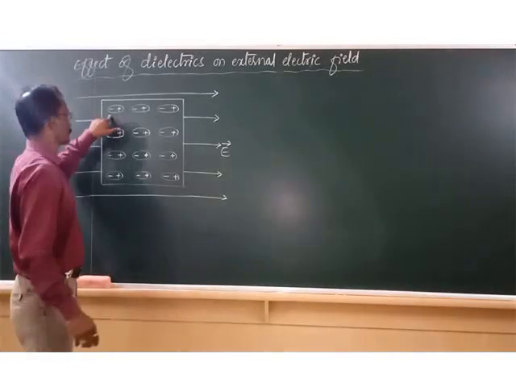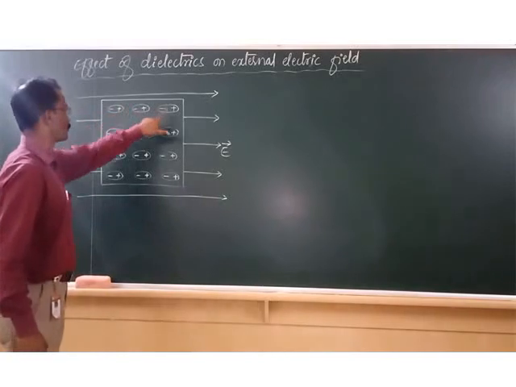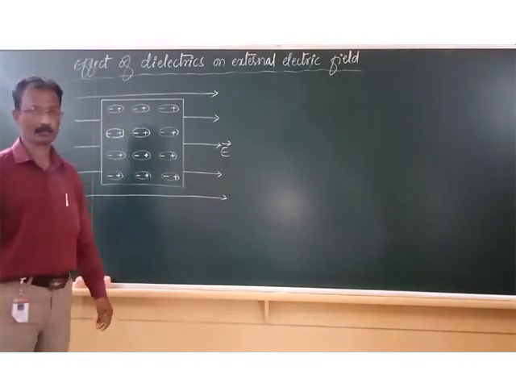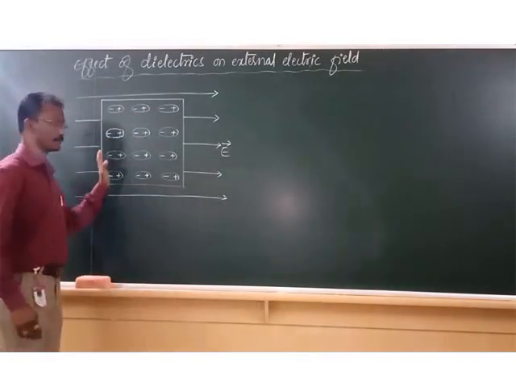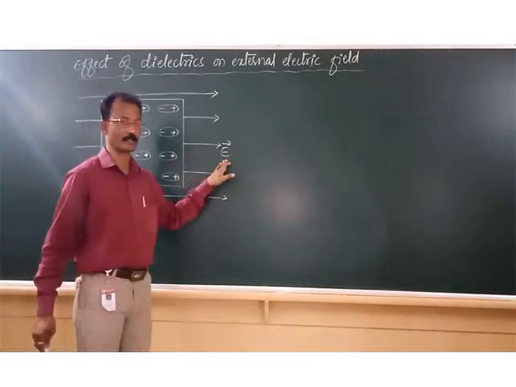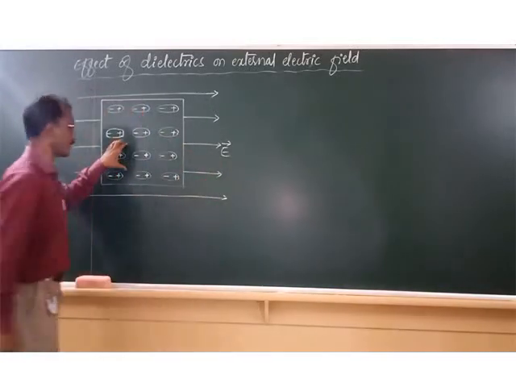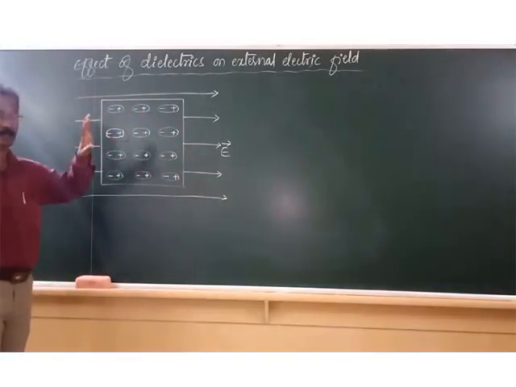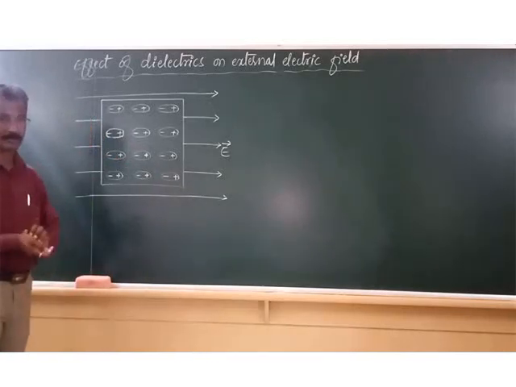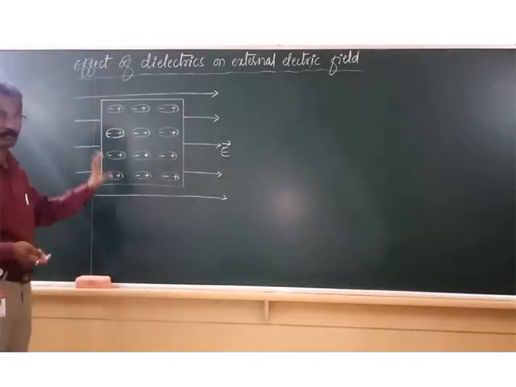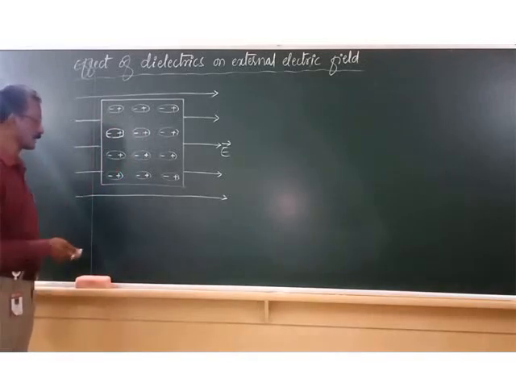So the dipole moments of all molecules add up to give a net dipole moment in the direction of the external electric field. Then this dielectric slab is said to be polarized. This is known as the polarization of dielectrics.